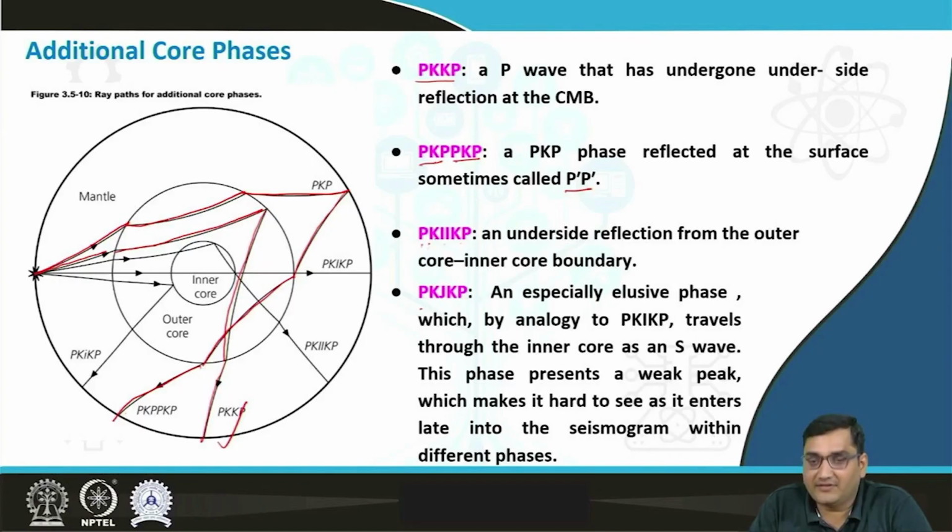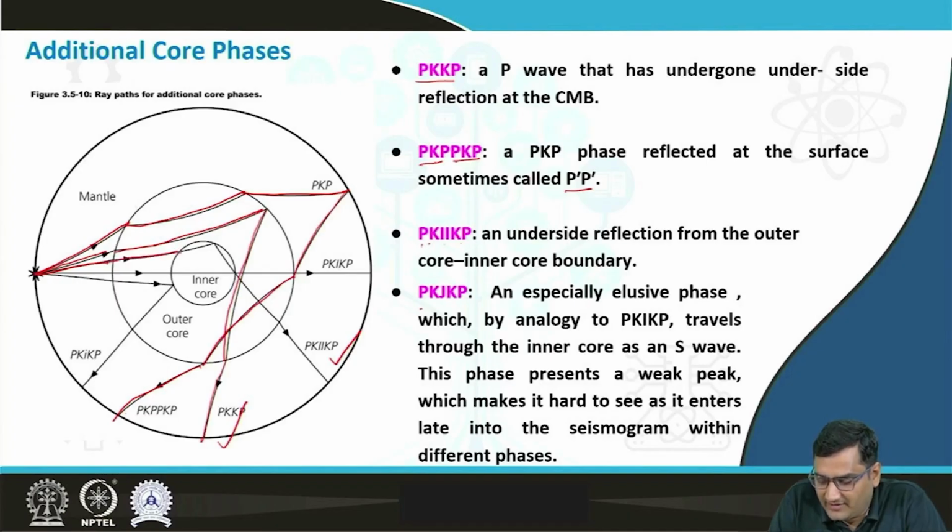There is another phase, PKIIKP. That means an underside reflection from the outer core, inner core boundary. This is your outer core and this is your inner core. So the PKIIKP phase is this one. You can see that this ray is traveling as a P wave, then as a K wave.